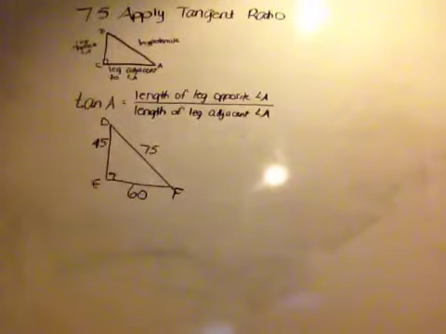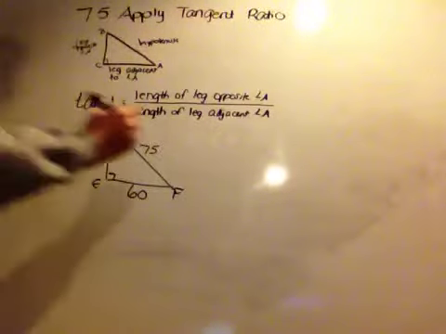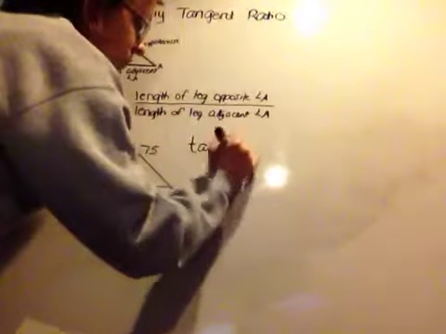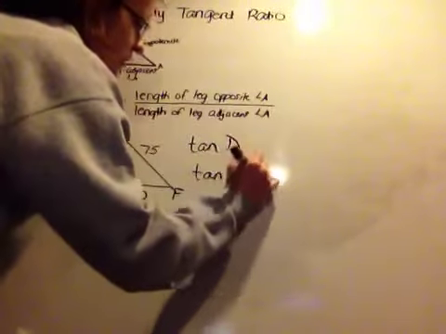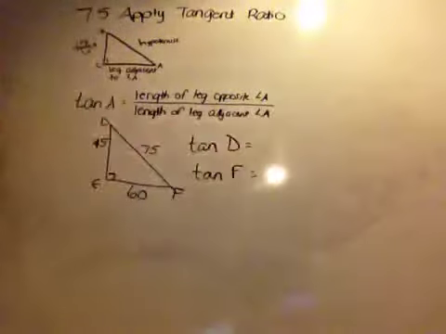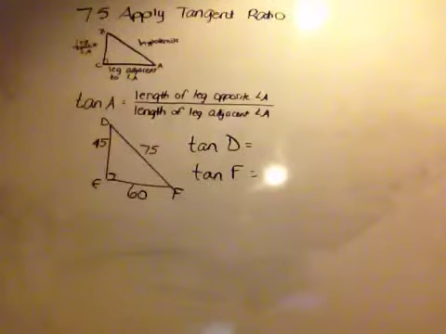Okay, so we want to find the tangent of D and the tangent of F. And we're going to write each answer as a fraction and as a decimal rounded to 4 places.